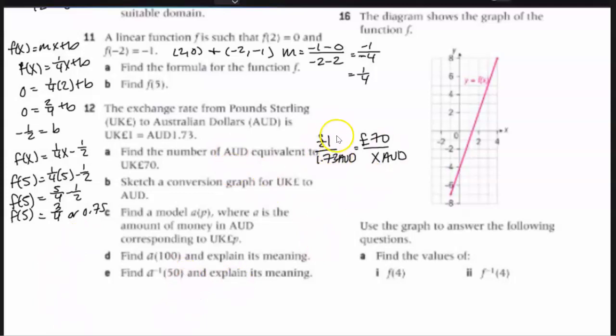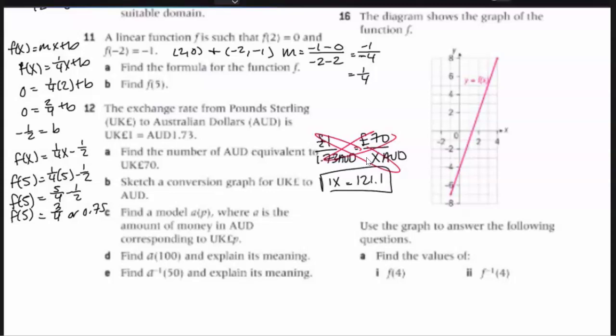So we set a proportion and then we solve, cross multiply, or the butterfly method, which will give you 1x is equal to 70 times 1.73, which is 121.1. 1x by itself is x itself.